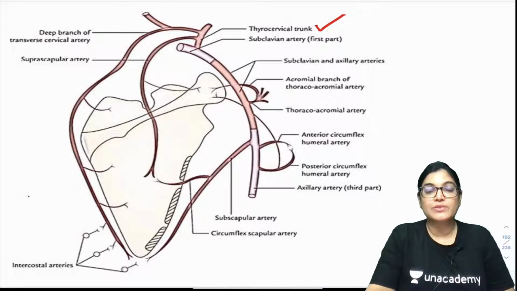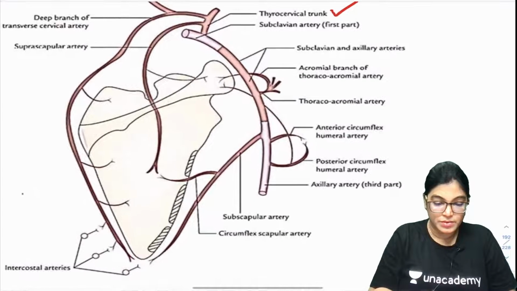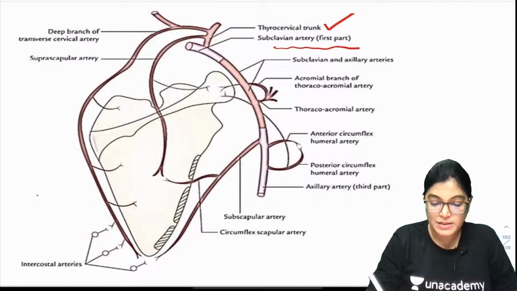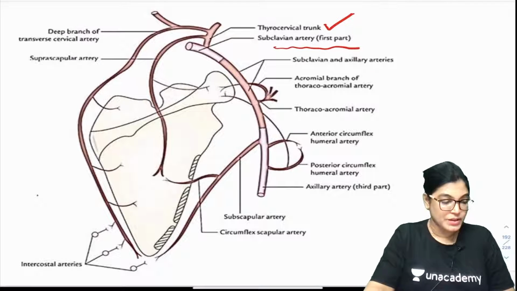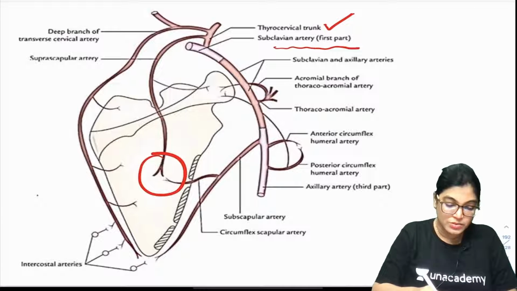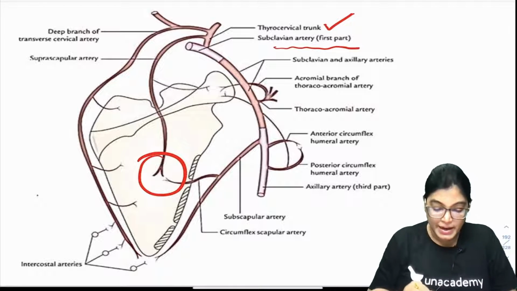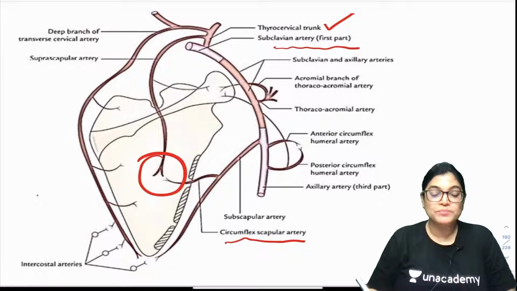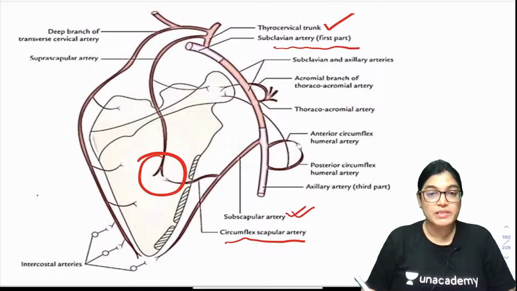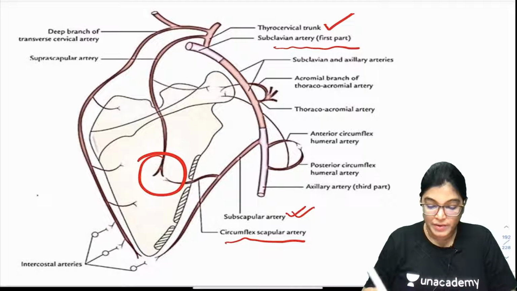Thyrocervical trunk is the branch of subclavian artery, and it's a branch from the first part of subclavian artery. It is anastomosing at the body of the scapula with the circumflex scapular artery. Now circumflex scapular artery is a branch of subscapular artery, and subscapular artery is a branch of the third part of axillary artery.